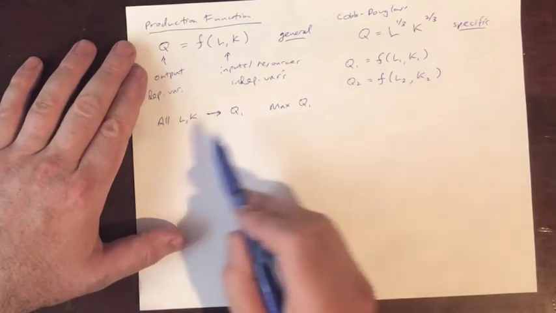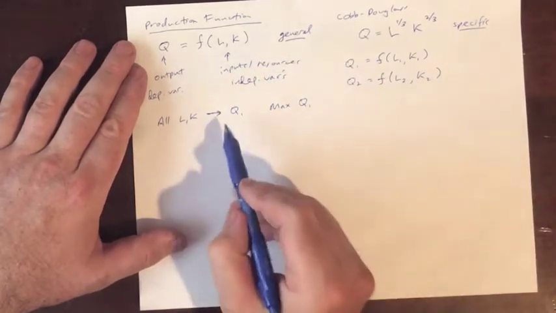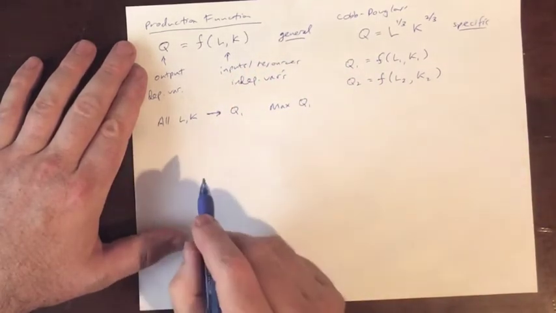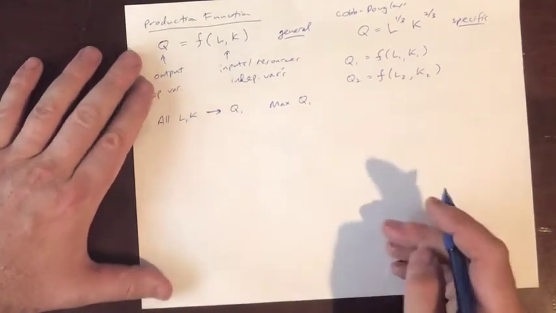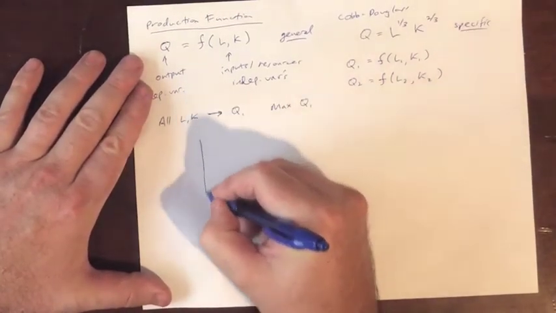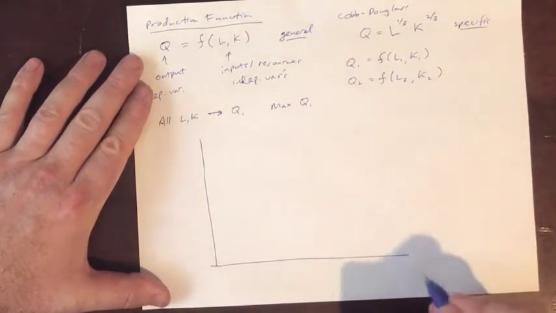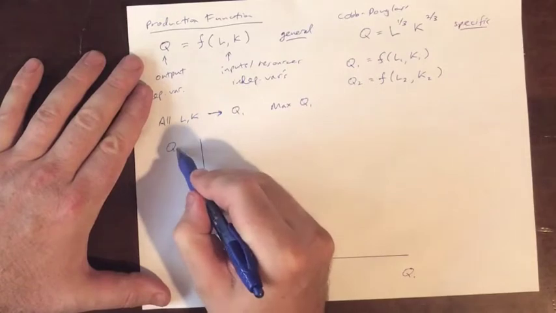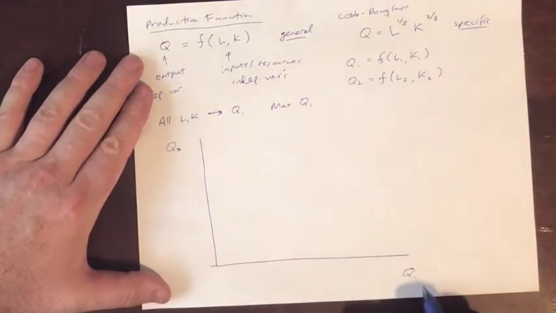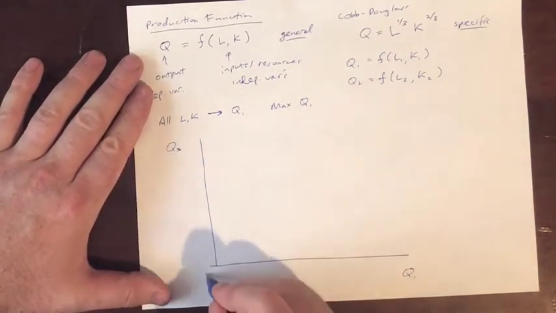And imagine if we also did this. So this would be one point that's possible. If we were to draw a graph of this, we have Q1 on the horizontal axis here, and Q2 on the vertical axis.